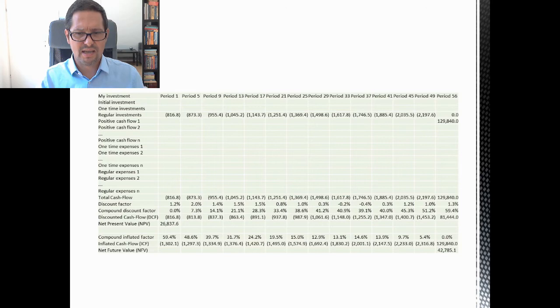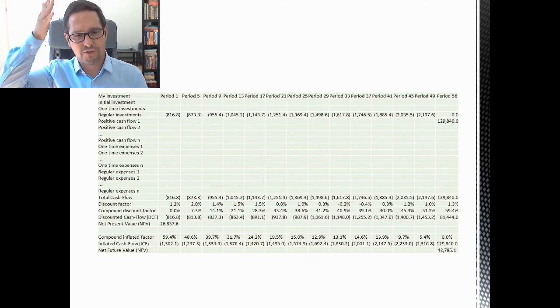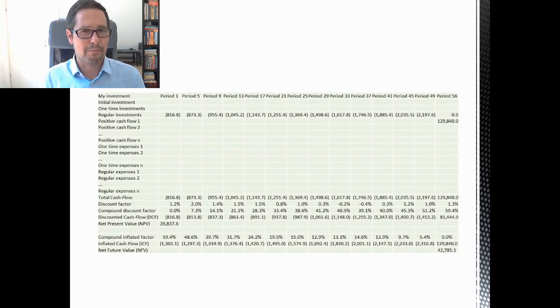And then we are discounting this. We have compounded the periodic discount factor into this compound discount factor. Then we are discounting the cash flow. Remember, the cash flows, total cash flows, are just the sum per column. It doesn't really matter. You see, I have only negative ones, except the current period where I have the value of my investment.